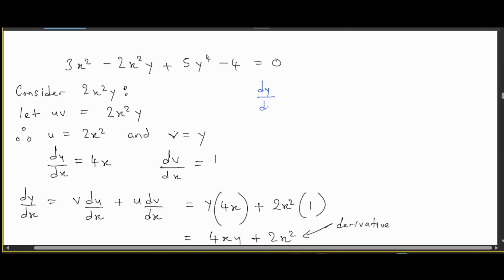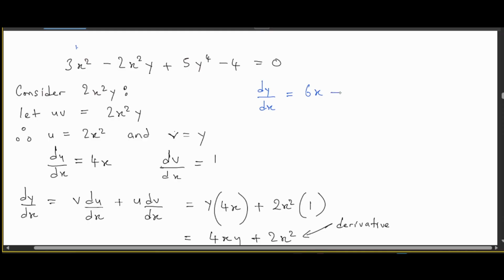We want to differentiate y with respect to x, and this is equal to the derivative of our first term, term number 1, which is 6x, because it's literally 2 times 3, which is 6, and we then subtract 1 from the power of x, so it is 6x.